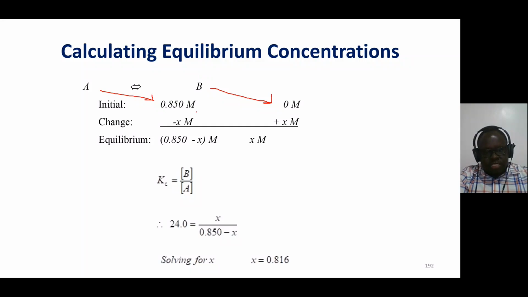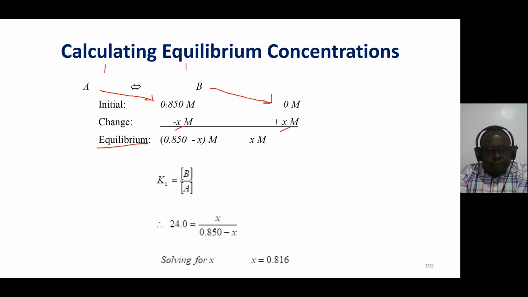So notice here, we are saying minus X, plus X, because the mole ratio here is 1 to 1. 1 mole of A produces 1 mole of B. So therefore, the changes are the same: minus X, and this one increases by plus X. So if we find the net change, then we are going to have the equilibrium concentrations.